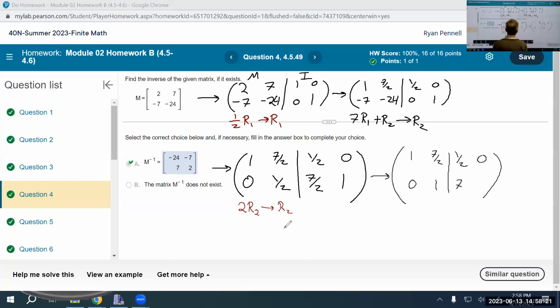Now, I'm going to get rid of that 7/2. So -7/2 row 2 plus row 1 becomes row 1.